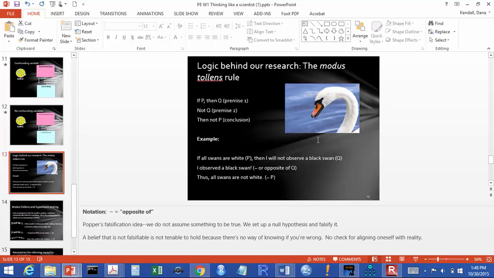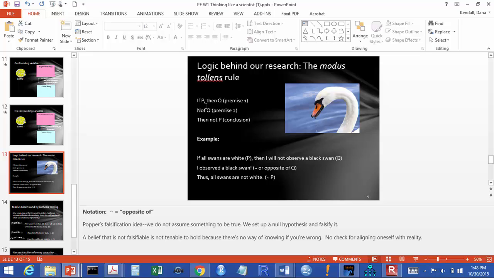All right, so in the scientific context, basically what this boils down to is we have two premises and then a conclusion. And this is called a syllogism. A syllogism just means that we have premise 1 and premise 2. And given those, a conclusion naturally flows from that, assuming that these are both accurate.